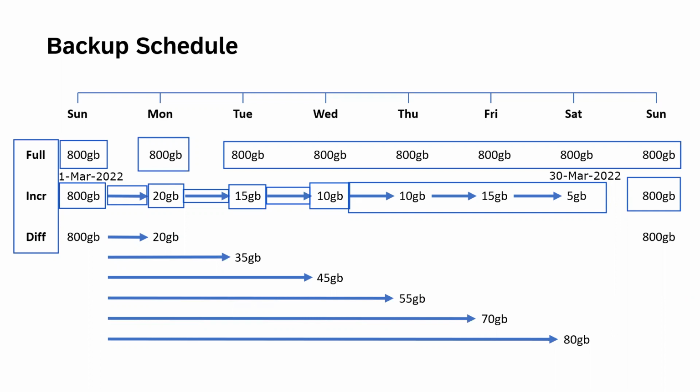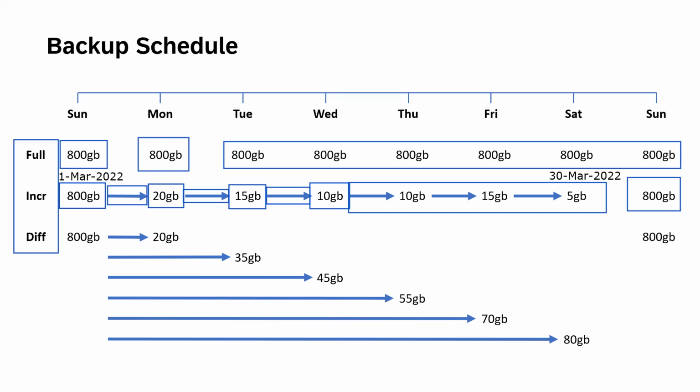I cannot start with the incremental backup. I have to first restore the full backup of 1st of March, then the incremental backups: 2nd March, 3rd March, 4th March, 5th March, up to the 29th. So this is a lot. It will take a lot of time for restoration, because it has to restore the 30 incremental backups of every day.